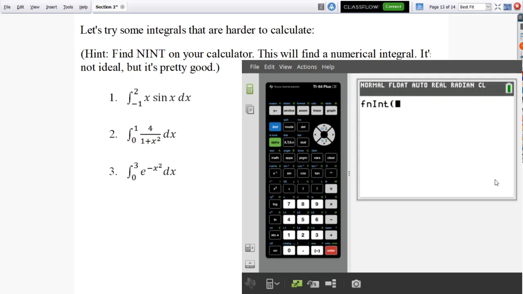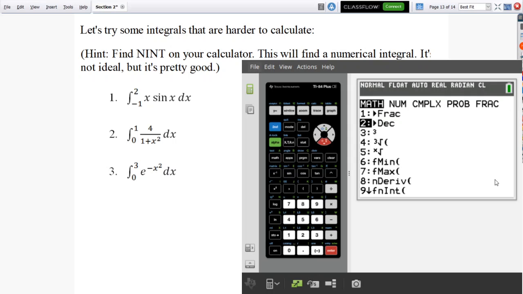What I have to do in this case is start by typing in the function x sine of x, comma, the variable that I wanted to use, comma, the lower limit, comma, the upper limit, close your parenthesis. And you can see I get the exact same answer as if I was doing it using a TI-84.